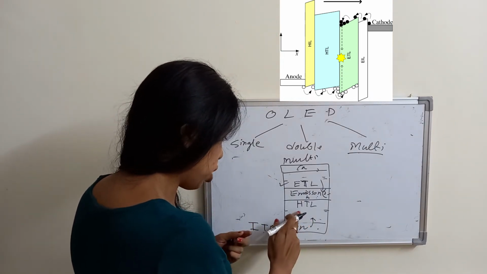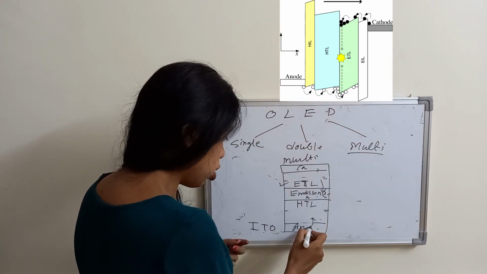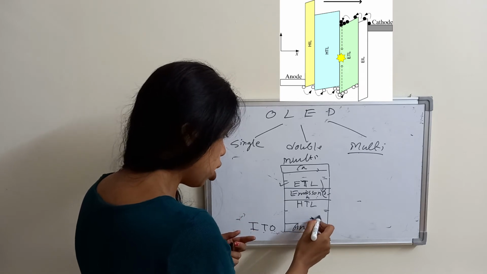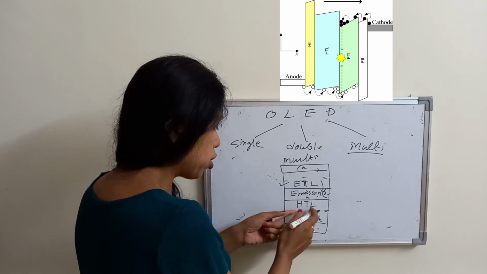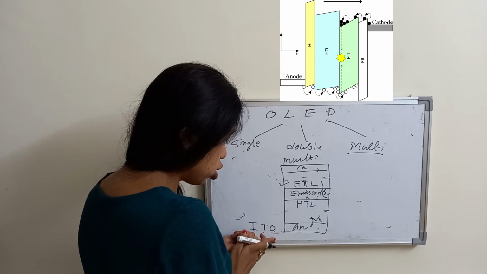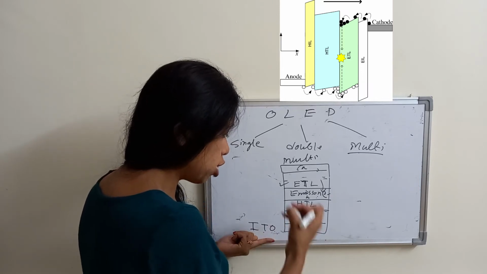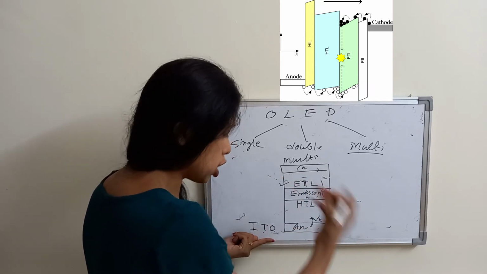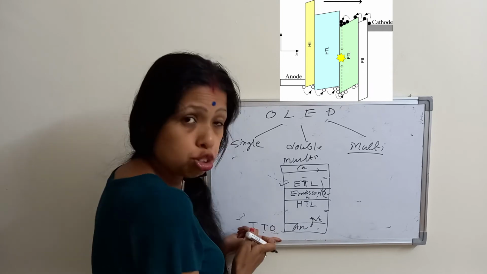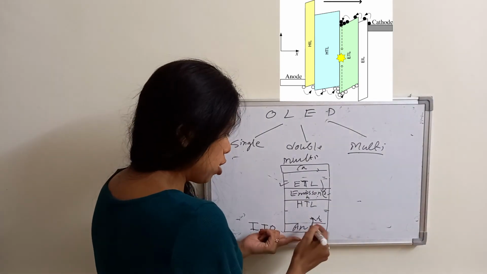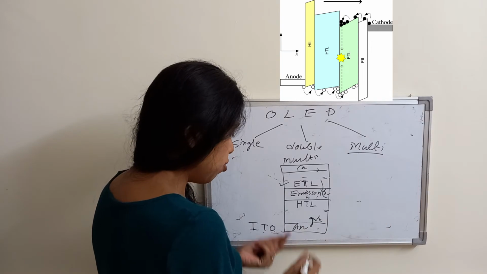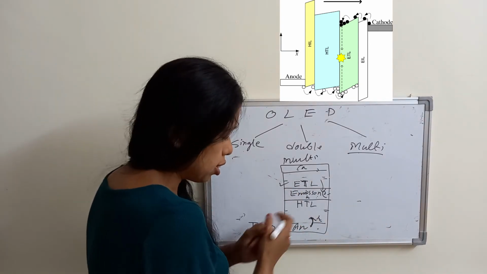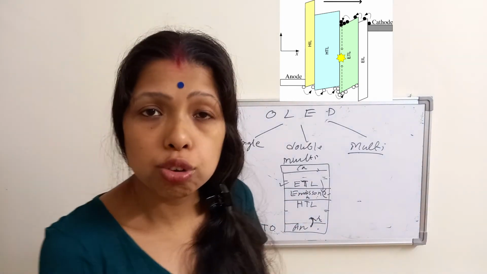The anode will transfer holes to the hole transport layer. Why should the work function be high? To get efficient hole transport, the work function of the ITO should be high, right? So that will give the hole inside the device. So the anode will give holes into the device.